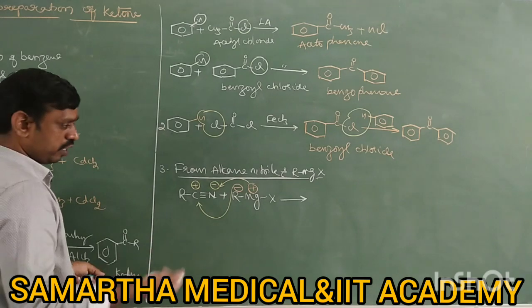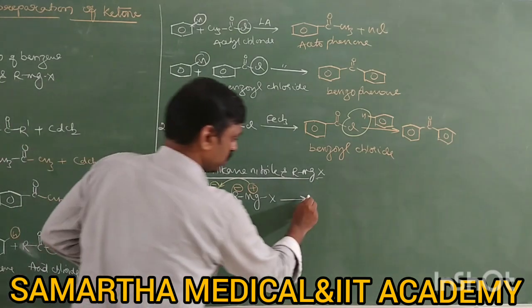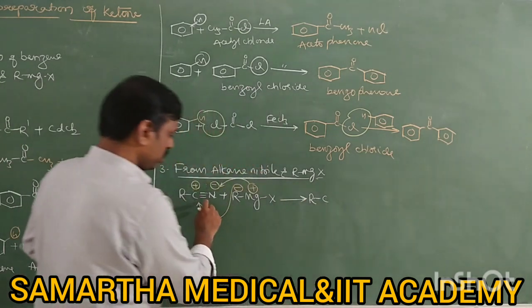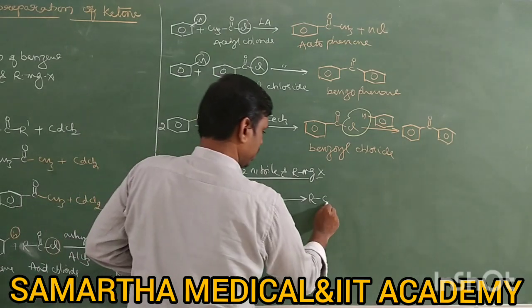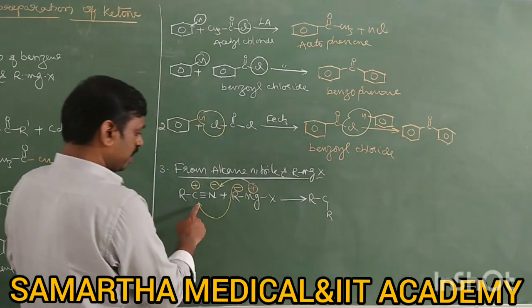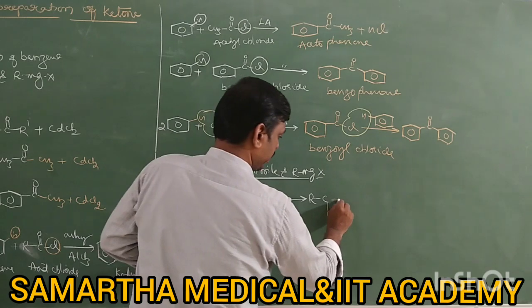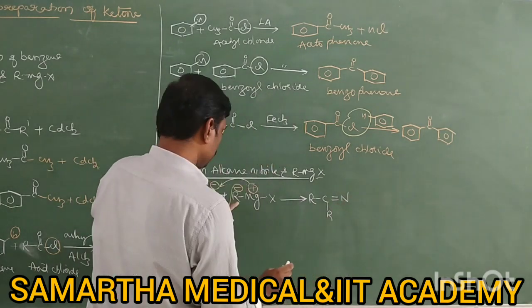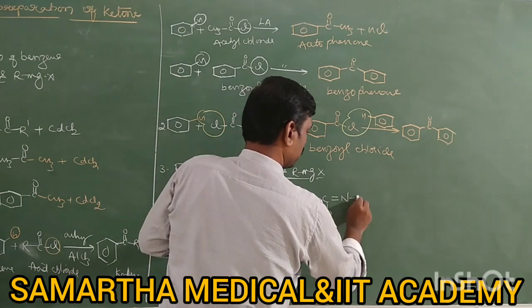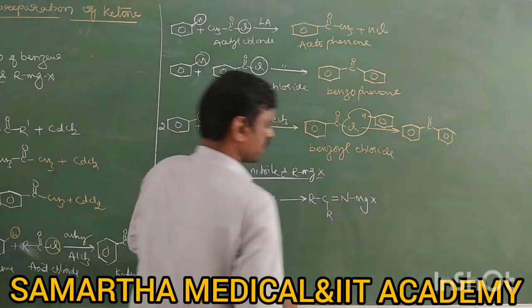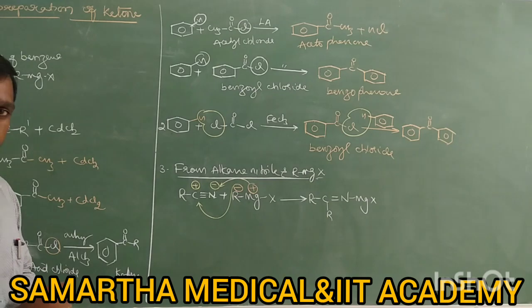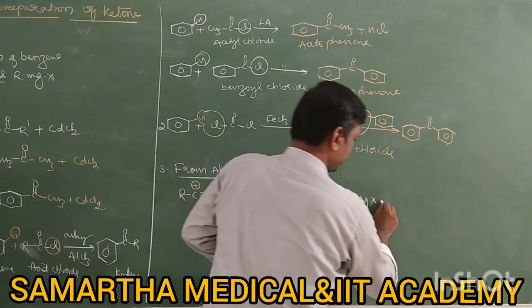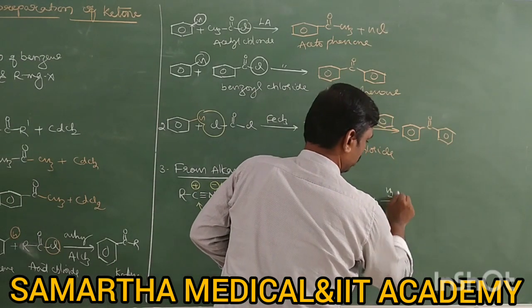In an addition reaction, the triple bond becomes a double bond, as we know. Here one R is added, then it becomes a double bond, and N gets attached to MgX. This is the intermediate. Now this intermediate reacts with water.